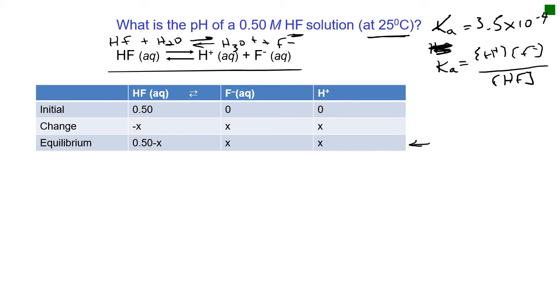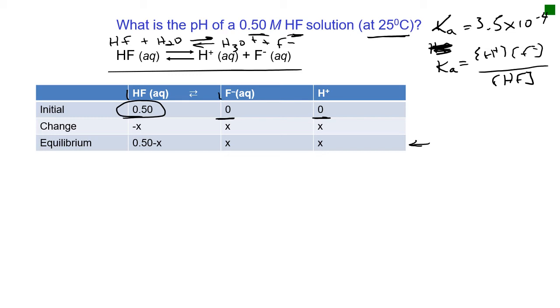So what do we know? We know we start out with 0.5 molar. Since we have no other values of fluoride or H plus, we're going to set those values at the beginning equal to 0. We know that the concentration of HF has to go down. This reaction is 1 to 1 to 1.